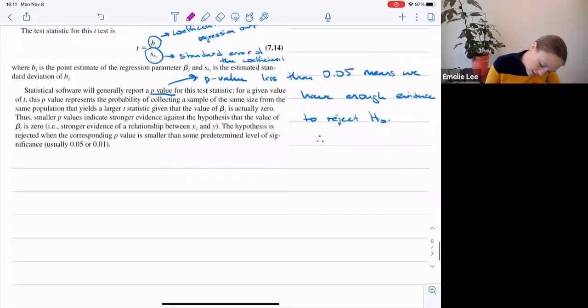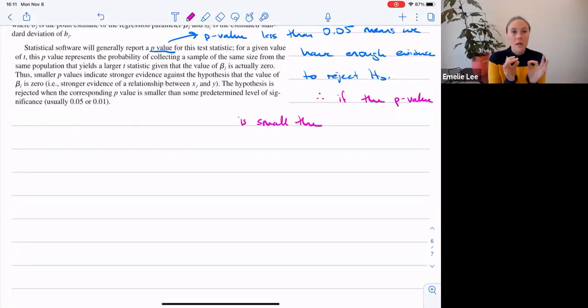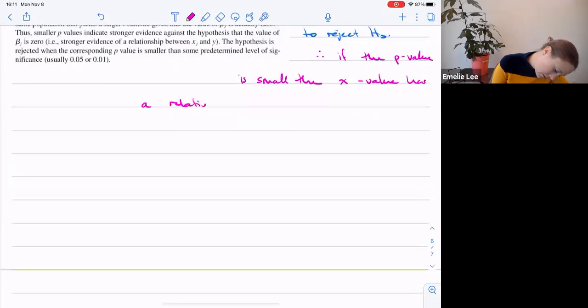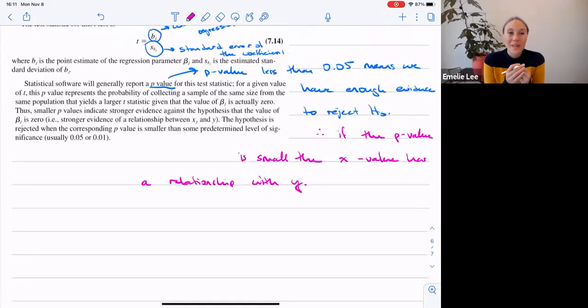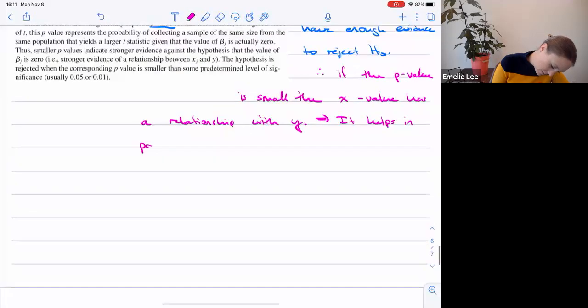And so therefore, if the p-value is small, the coefficient has a relationship with y, or the x value has a relationship with y, and so it helps in predicting y. Okay.